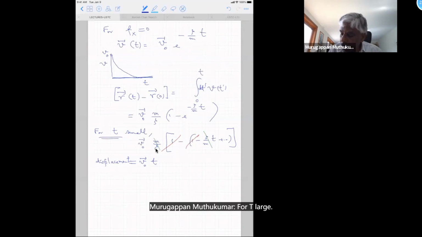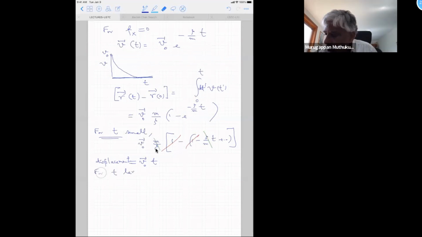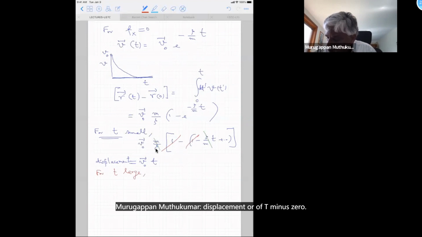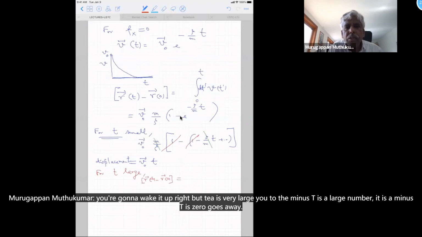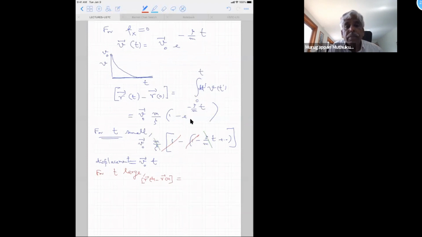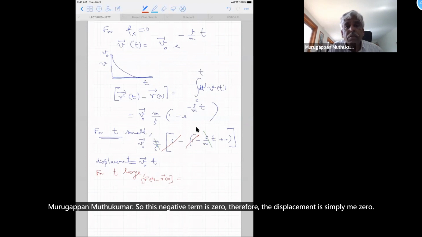For t large, what do you see? The displacement r of t minus r of 0, you can work it out. When t is very large, e to the minus t is a large number in the exponent, so it goes to 0 and this negative term is 0.